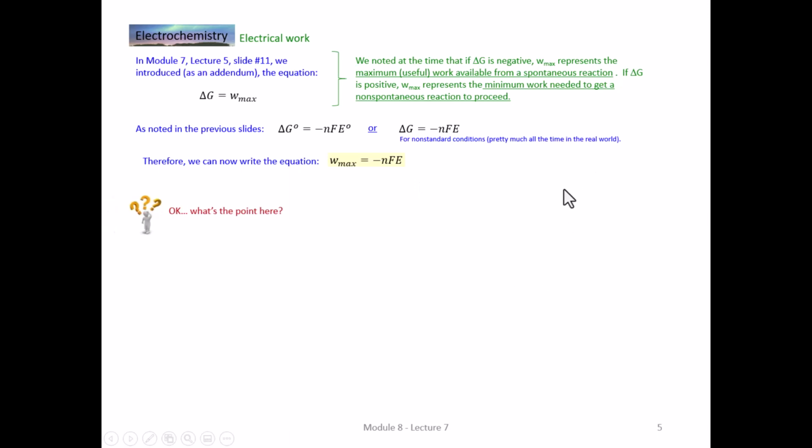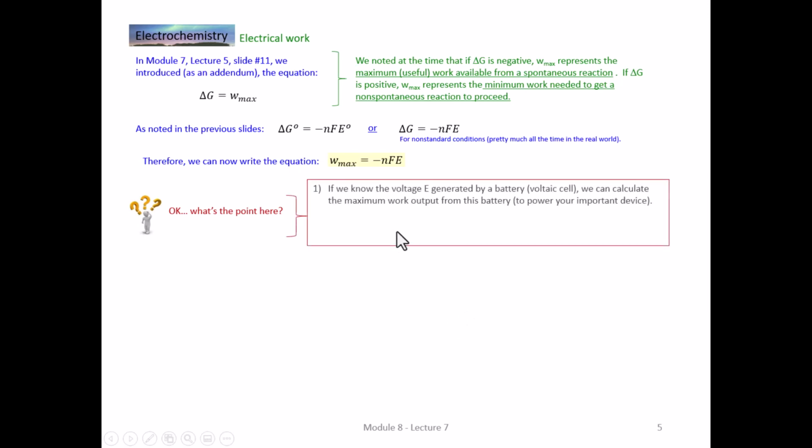And it's perfectly valid to ask what's the point here, and we'll try to defend this. If we know the voltage generated by a battery, a voltaic cell, we can calculate the maximum work output from this battery to power whatever device you think is important to power.